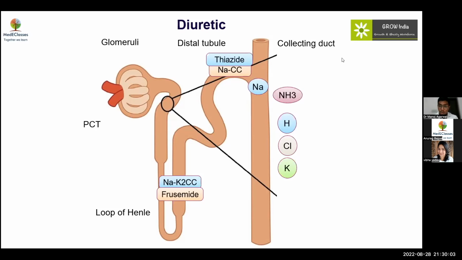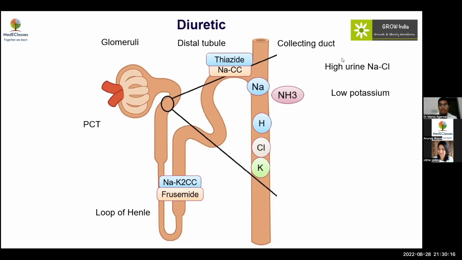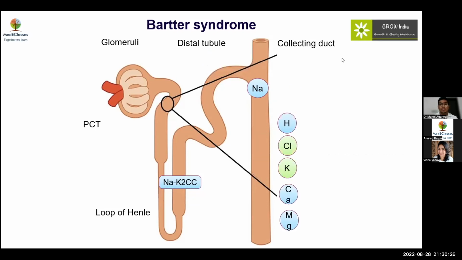So there will be potassium loss to conserve the sodium. So in this patient, there will be high urinary sodium and potassium, and there will be loss of the chloride and potassium from the urine. So there will be hypokalemia, and there will be loss of the proton also. So it presents with metabolic alkalosis, and if treatment has remotely started, then the urinary sodium will be normal.